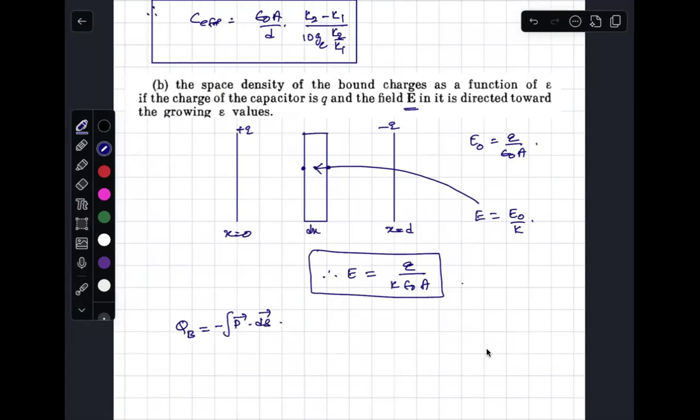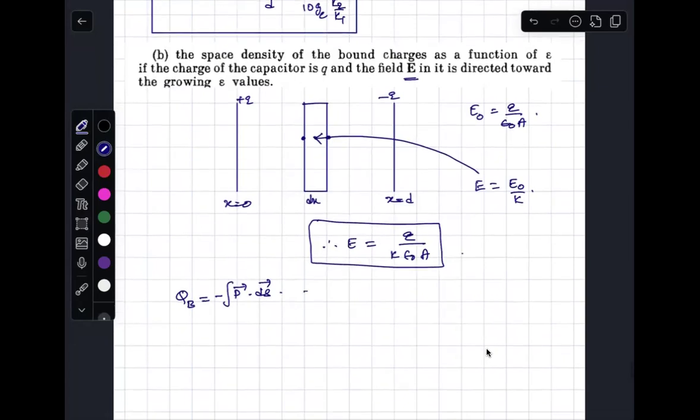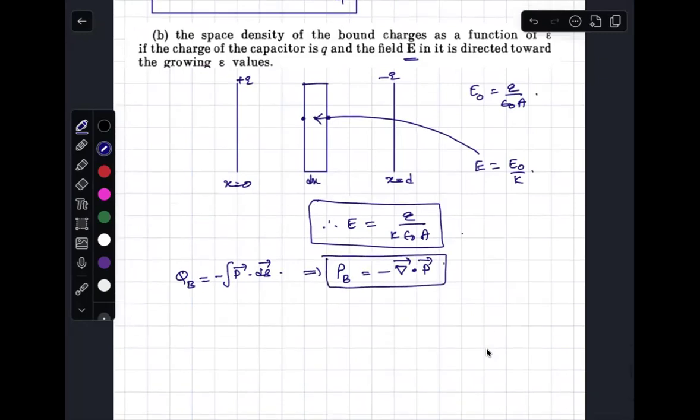Have you understood this properly? This in a further form can be written as rho bound is equal to minus del bar dot P bar. Del is a gradient operator.